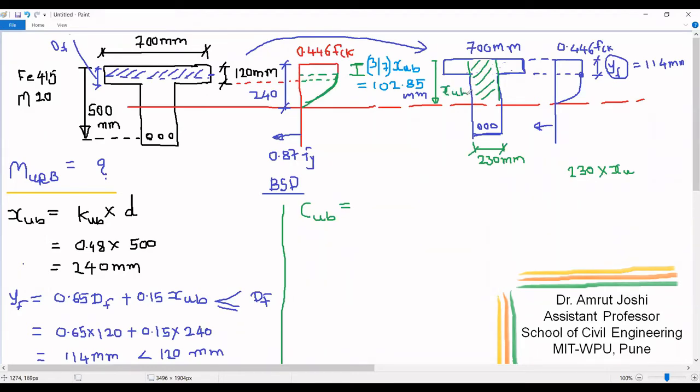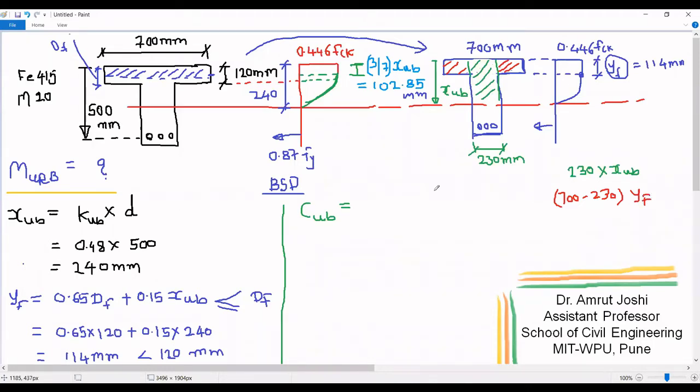And as we are aiming for balanced section, I will write it as XUB. And the other part has dimensions 700 minus 230 multiplied by depth of flange, which is now YF, so into YF.